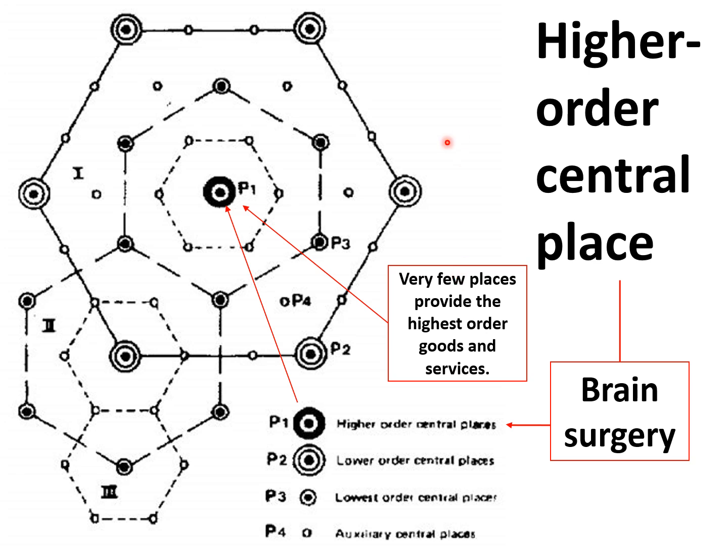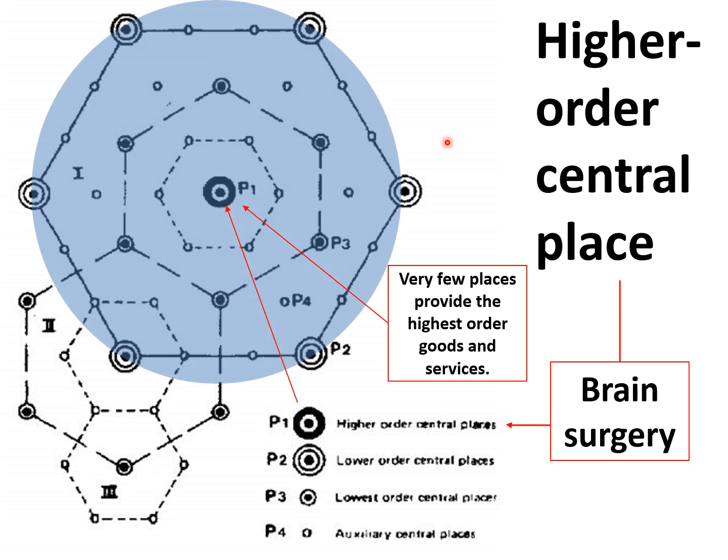And very few places provide the highest order goods and services. So as we move up the urban hierarchy, from lowest order central places up to middle order, higher order, and the highest order, there are correspondingly fewer and fewer of that kind of central place.